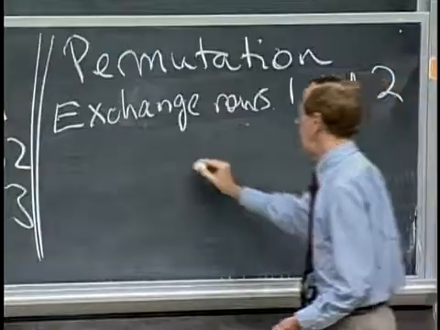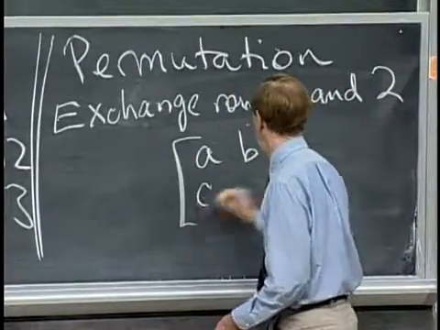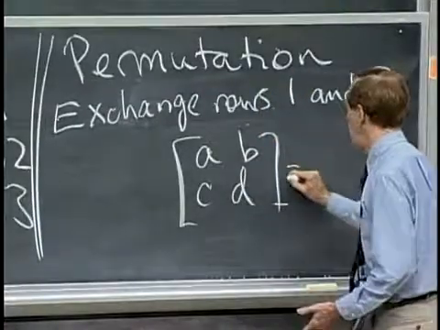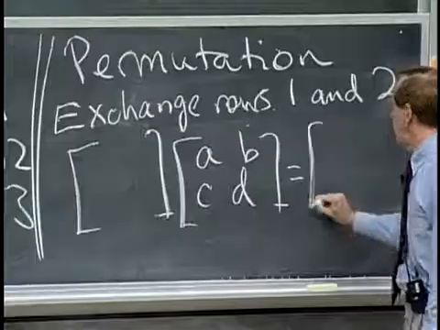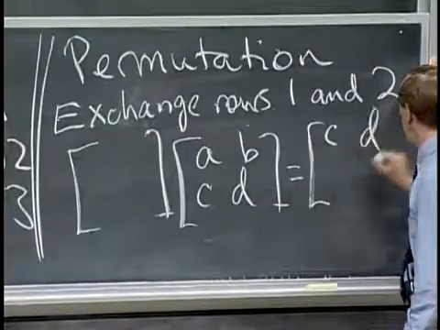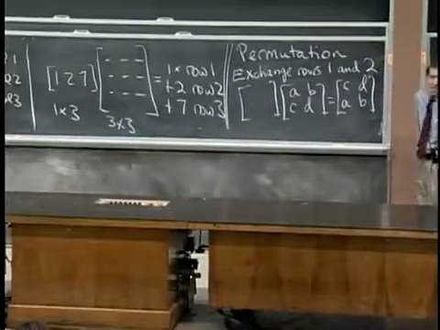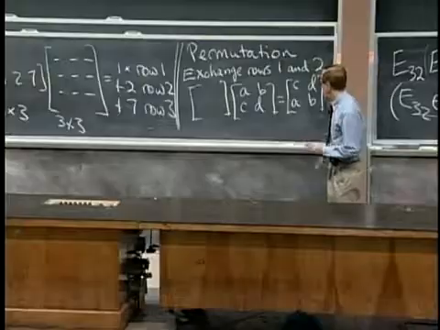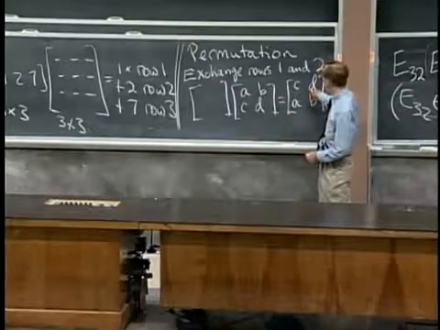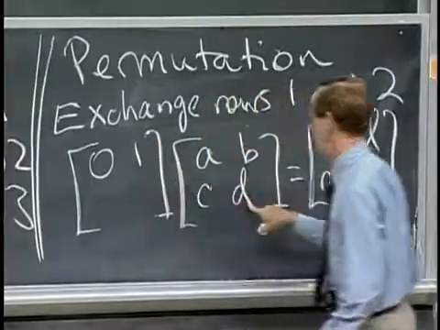So if I had my matrix, let me just do 2 by 2, A, B, C, D. Suppose I want to find the matrix that exchanges those rows. What is it? The row I want is C D, and it's there, so I take one of it.